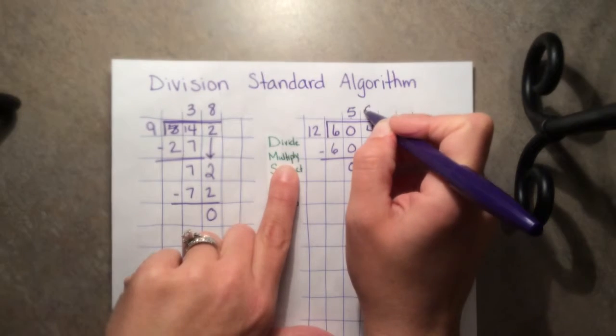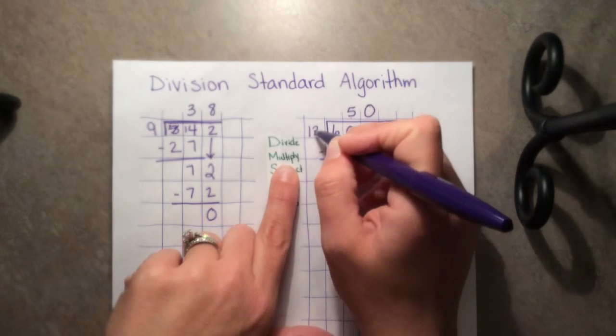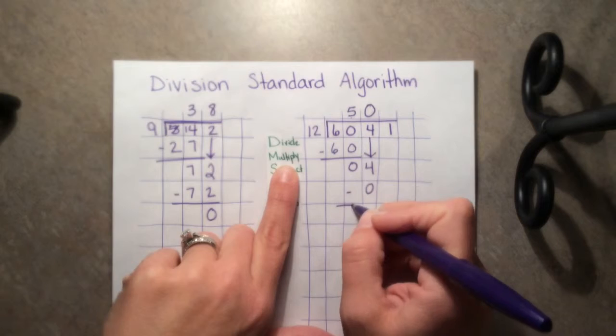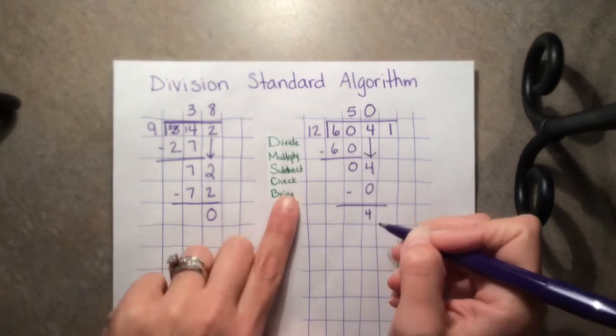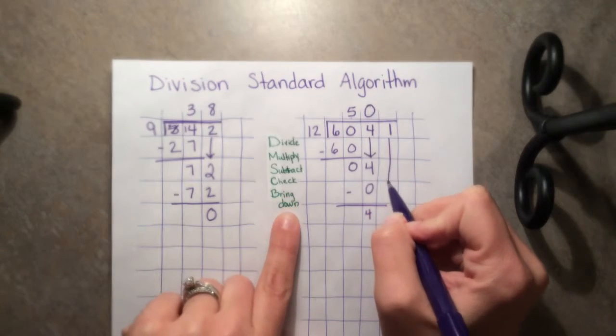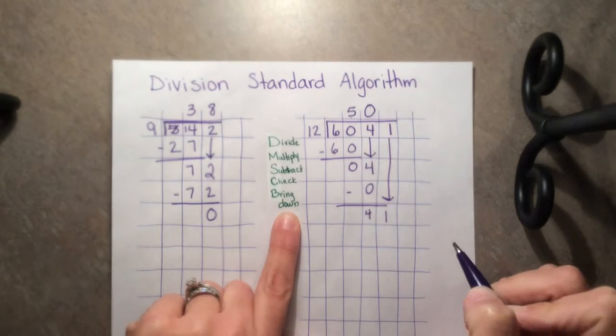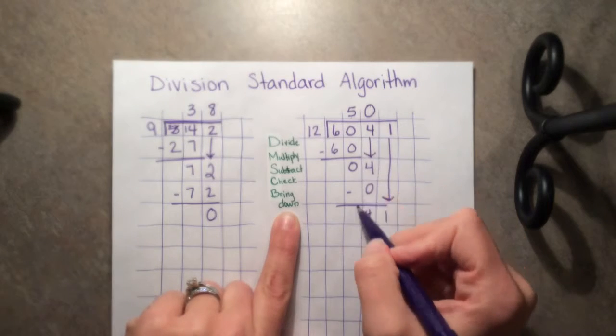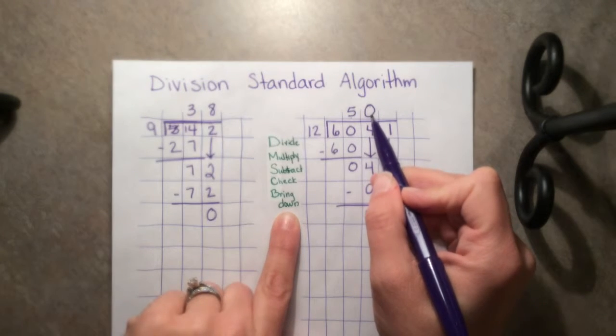We can make no groups, which means we then multiply by 0 and then subtract. And then check, is 4 still smaller than 12? Yes. And then bring down our 1. Now I can do 12 into 41. This is an important step so that they do not miss the placeholder of the 0.